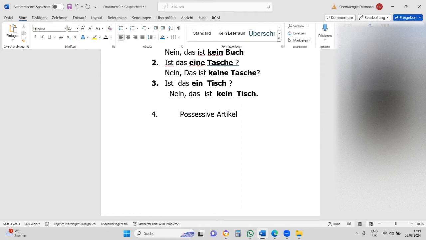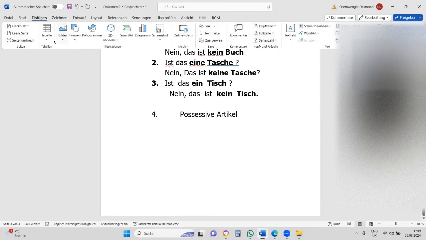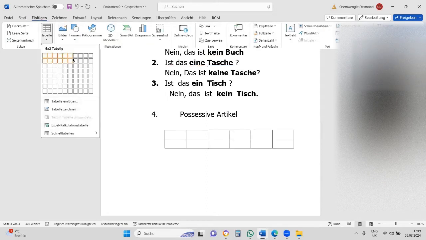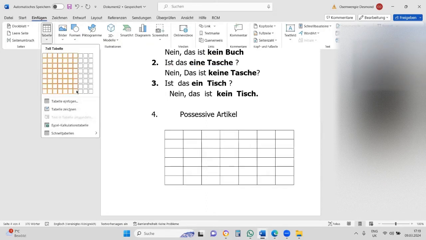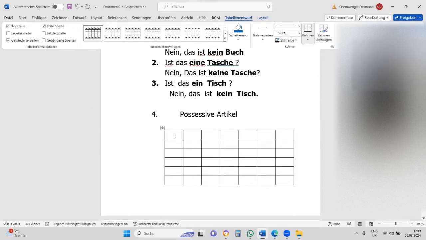Very, very simple, right? In German we have the same way, but please don't forget that you have to pay attention to the gender of the noun. In German we have the following possessive articles. I'm going to make a table, and the table will help us understand the usage of these articles.